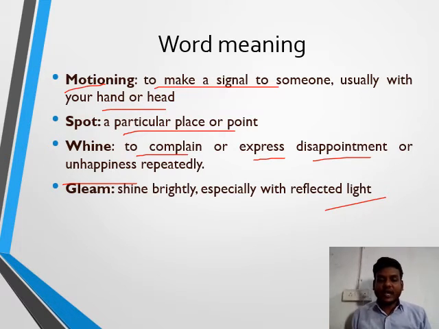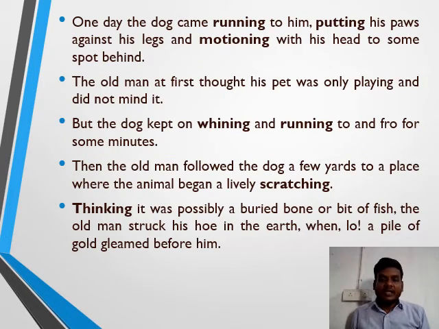Just like a new car, we say we see the shining of the car, so we call it gleam. Yes, student. What do you observe? What do you understand from this paragraph?